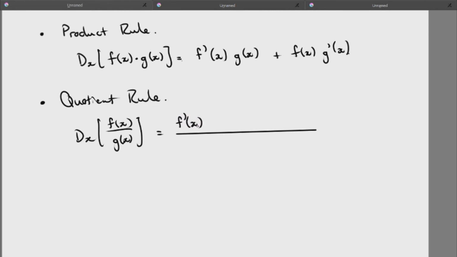Derivative of the top, numerator, times the denominator, bottom. But it's a minus. And then swapped around. So it's not that bad to remember because it has a very similar look. The bottom is the original denominator squared.